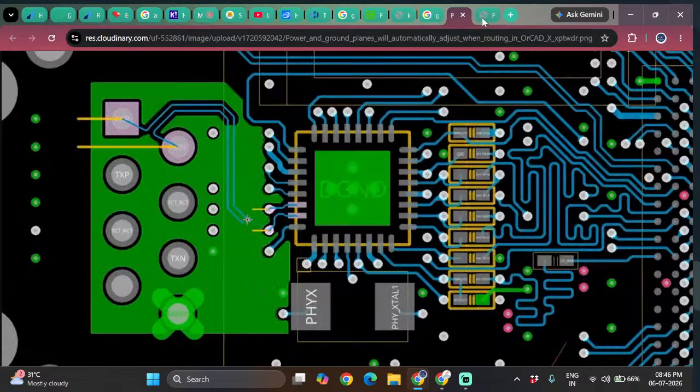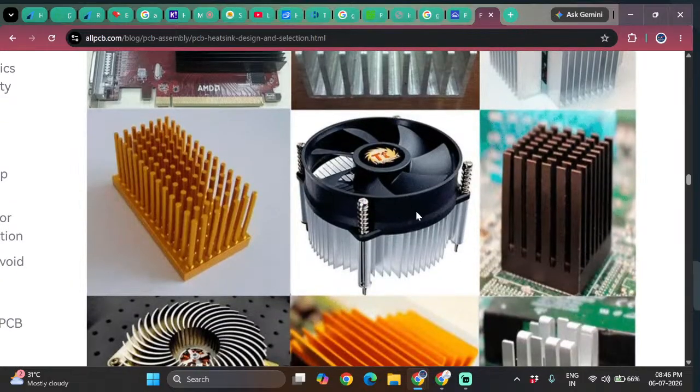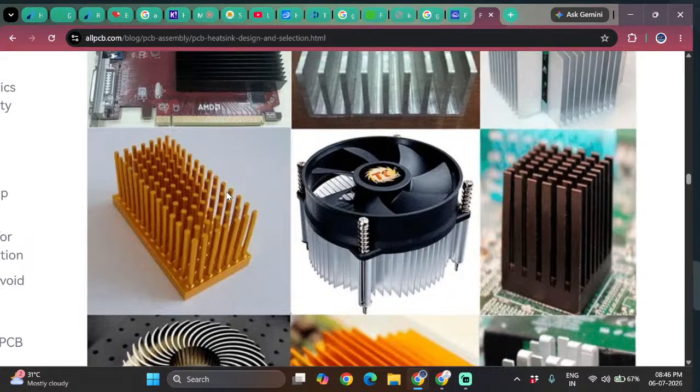So usually ICs, when used for a longer time, get quickly heated. A lot of heat energy is dissipated, so that heat should be absorbed by a metal. Because metals can absorb heat so quickly, and they can retain the heat.